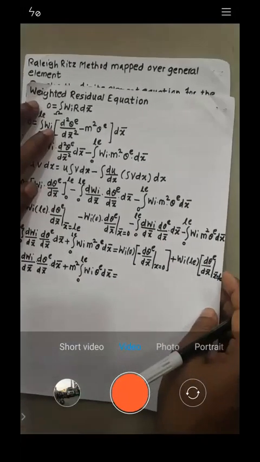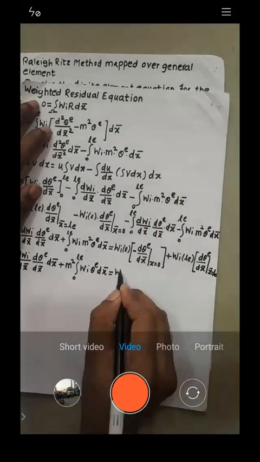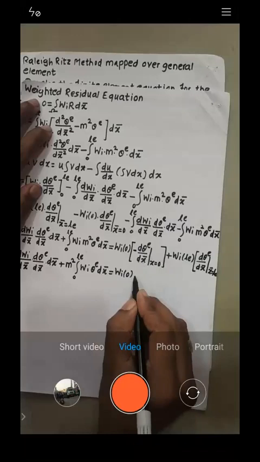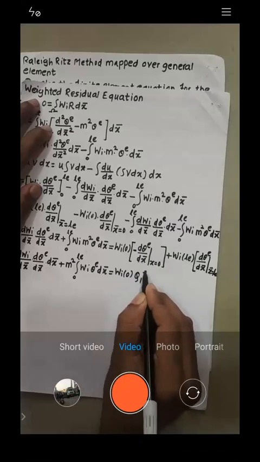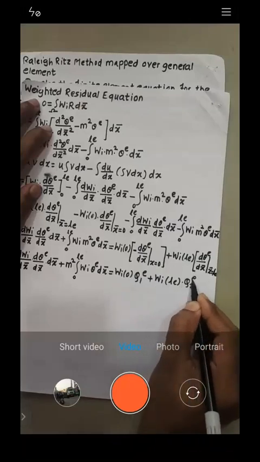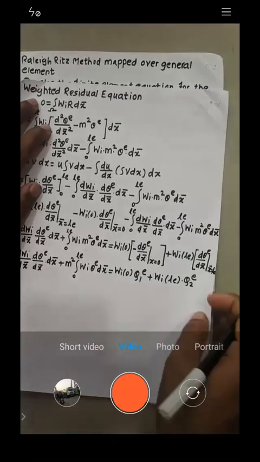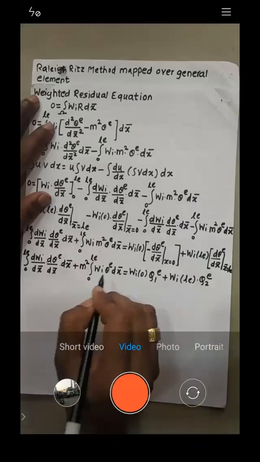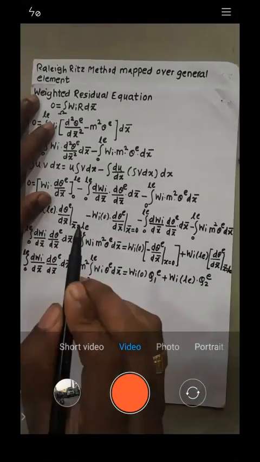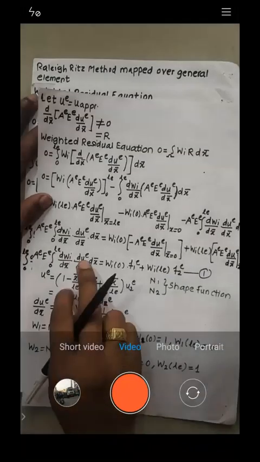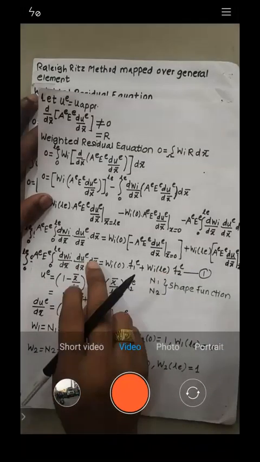Okay. So see this weight function at 0 term, let me call this as Q1E, and this is weight function at LE, let me call this as Q2E, right? Q1E and Q2E, because I know that the problem belongs to fin, so it is related with the heat transfer. Theta is basically temperature, so obviously, stiffness matrix multiplied by displacement is given by force. You have displacement, that's why you have force here.